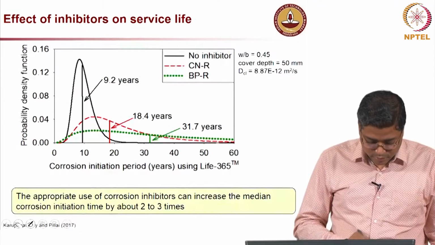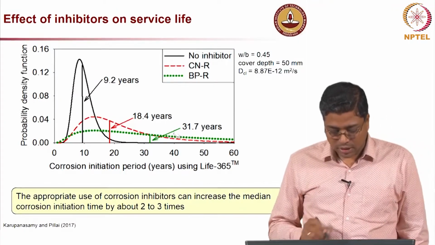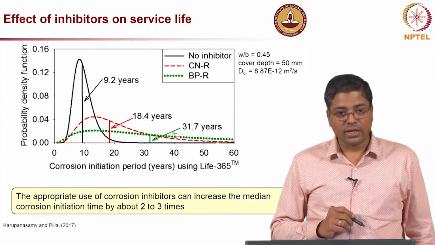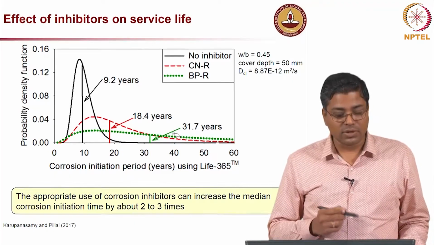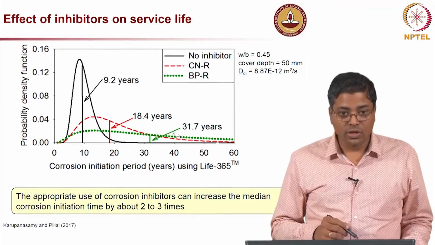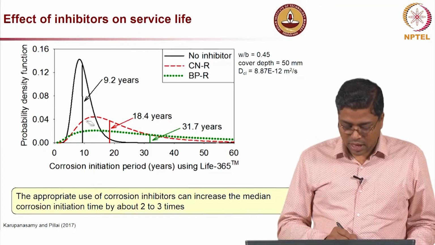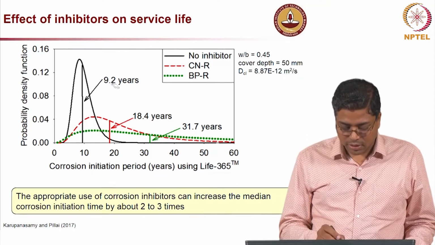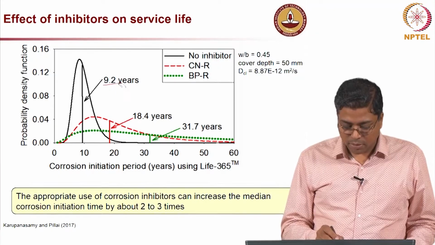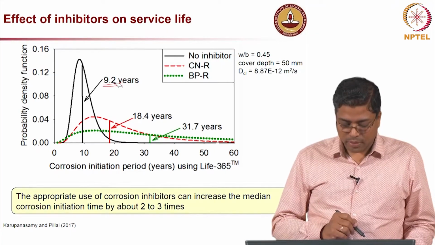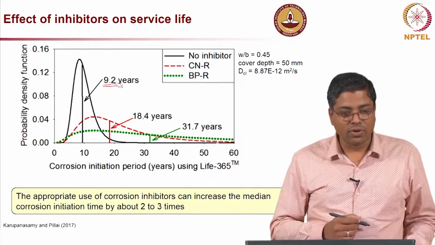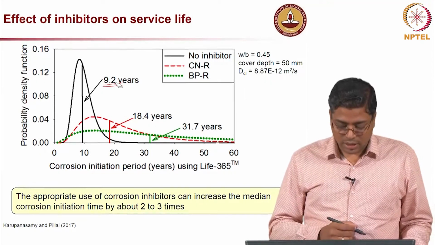So, this is a PDF indicating the probabilistic service life when we use corrosion inhibitors. You can look at these average values here, where you get 9.2, or about 10 years, when you do not use inhibitors.